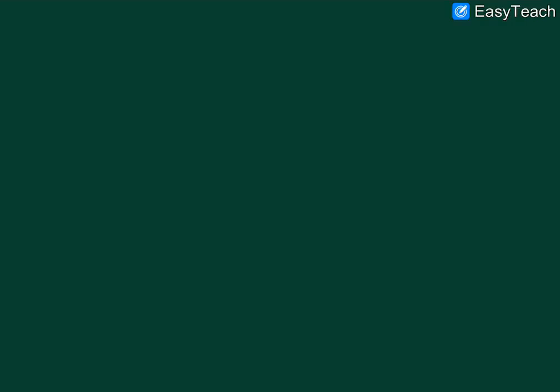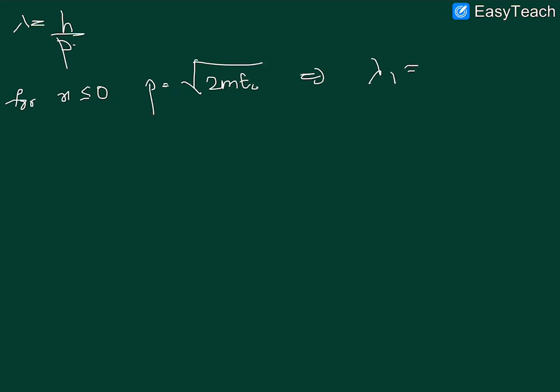Over here we will once again use the de Broglie wavelength formula: lambda equals h by p. So for x less than or equal to 0, p1 is under root 2m E naught, which implies lambda 1 will be h by under root 2m E naught.